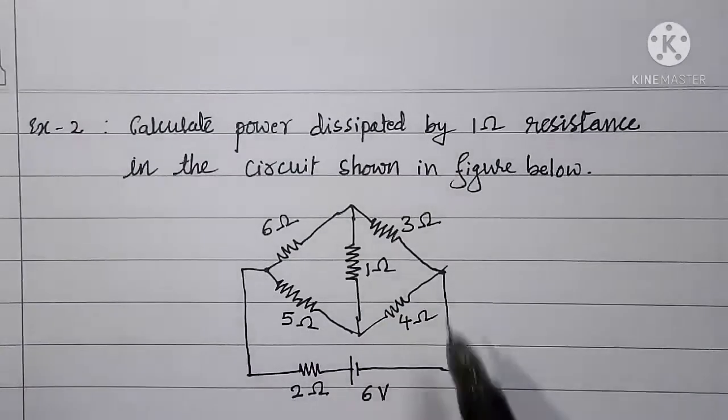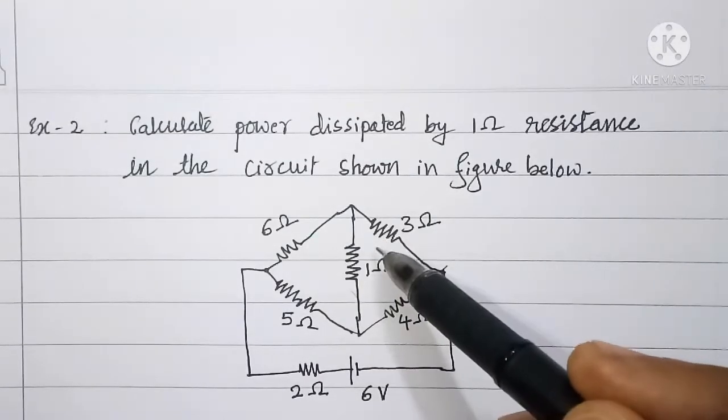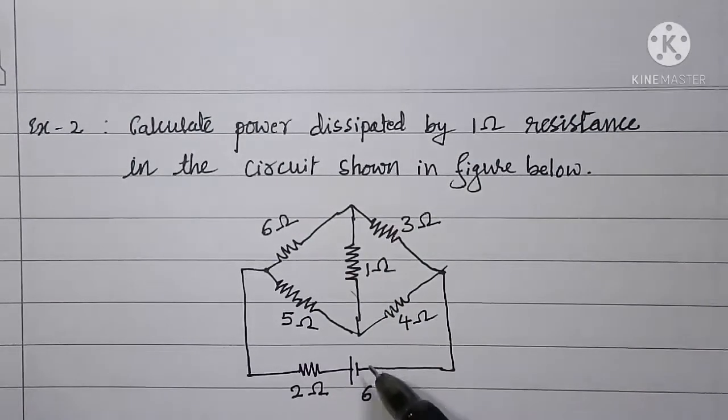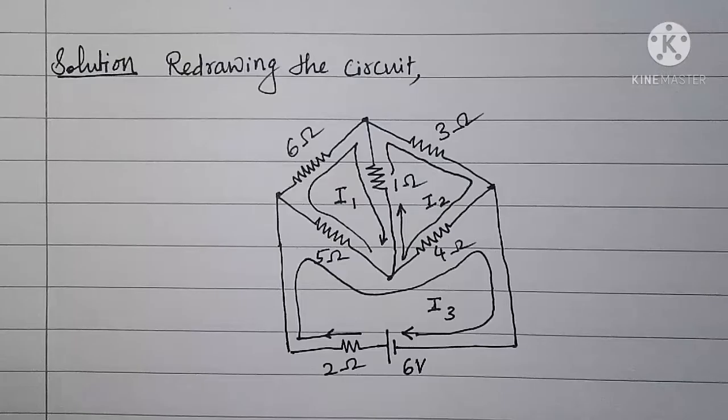So here is the circuit, and in this circuit you can see the 1 ohm resistor here, and here it is the 6 volt source. Now we will redraw the circuit and then mark all the mesh currents in clockwise direction, and also we will show the direction of voltage rise.